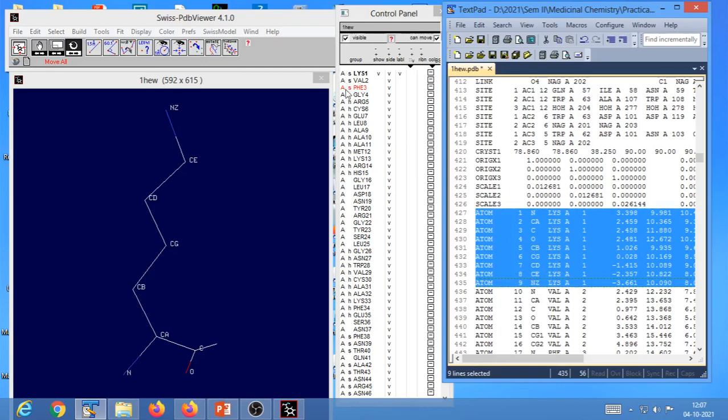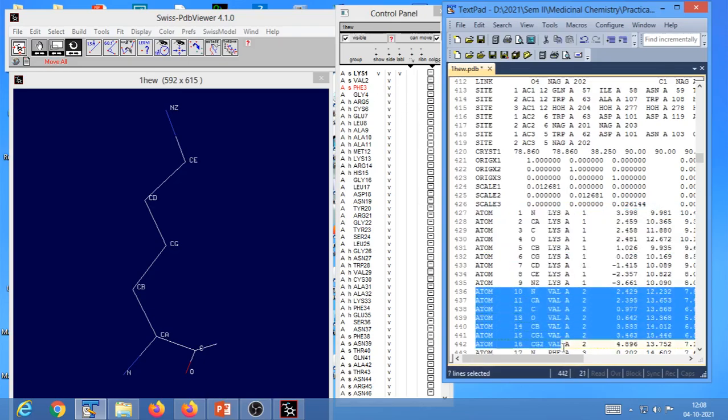So it is present in chain A. Proteins can be multimeric in nature as well, so there can be different chains, chain A, chain B, right? In our case, this lysine is from chain A. That is what it says. And this particular column would tell us this is the first amino acid residue. The data from this line to this line belongs to the first amino acid residue, that is lysine.